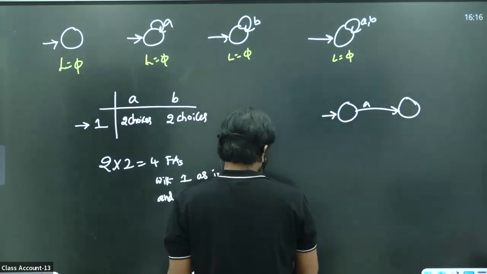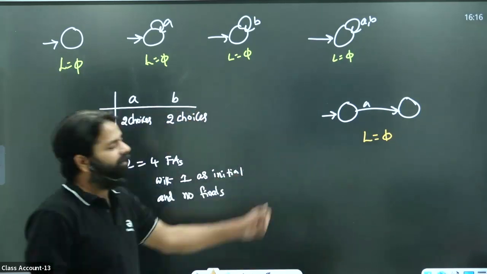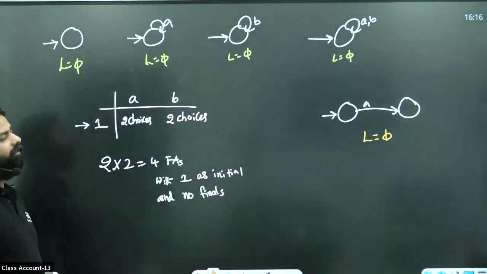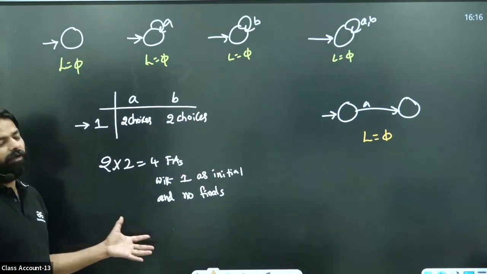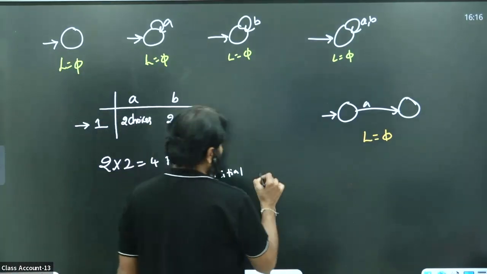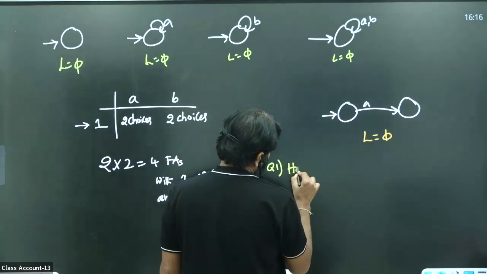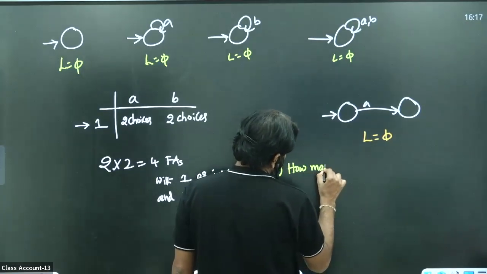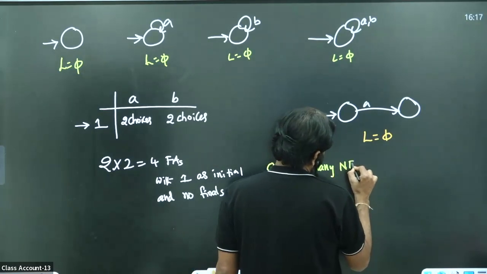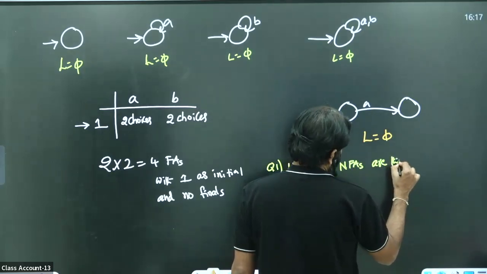It is also accepting the empty language. Yes or no? And that is also an NFA. And now I'm asking the question, if I don't have a restriction on the number of states, how many NFAs are there for the empty language? How many NFAs in the world are there which accept empty?